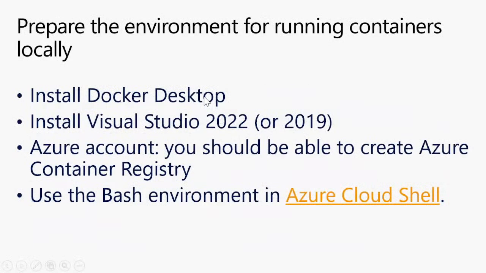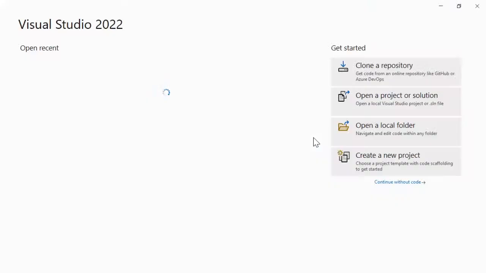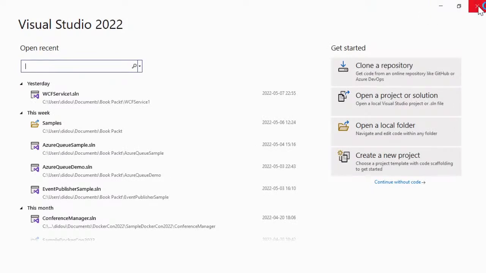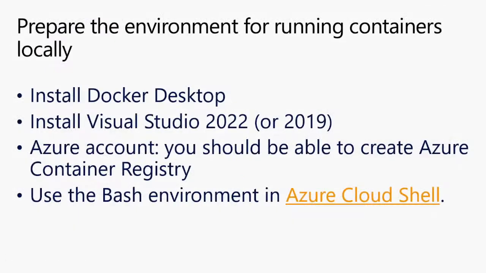Now we will prepare our environment for running containers locally and in Azure Container Registry. So we need to install Docker Desktop. It's free, so we can create an account on Docker Hub and download Docker Desktop. And this week, on 8 November, Microsoft made generally available to users worldwide its latest version of Visual Studio and .NET.